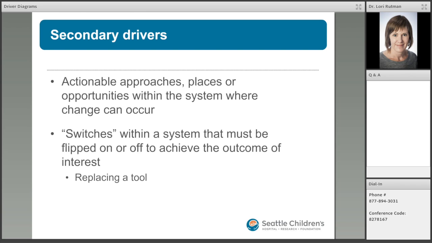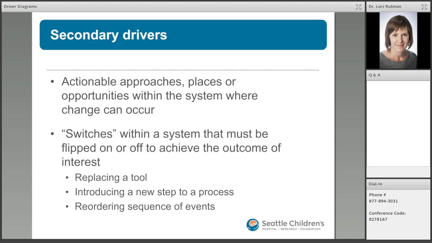So this may be, rather than just thinking about the whole EMR that a clinic is operating under, it might be just replacing a tool within the electronic medical record, or introducing a new step to a process. So it's not the overall process, but it's the single step within a process that really is going to be what you're addressing, or reordering the sequence of events in a process.